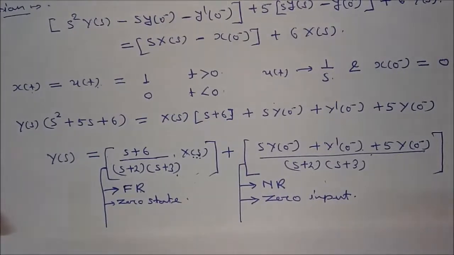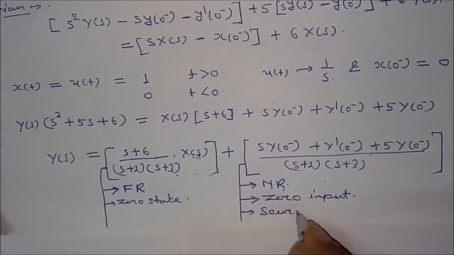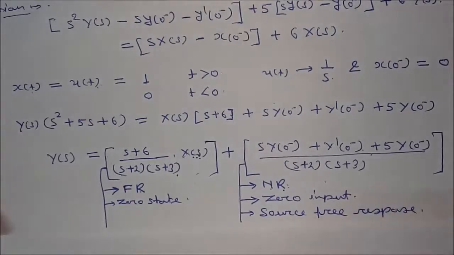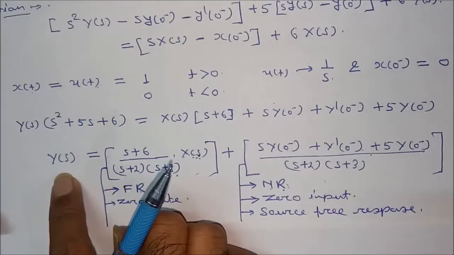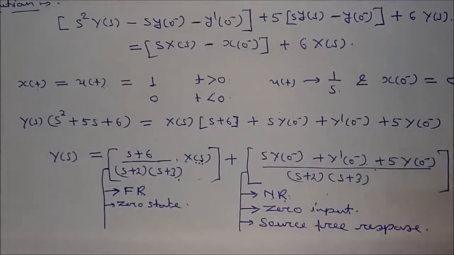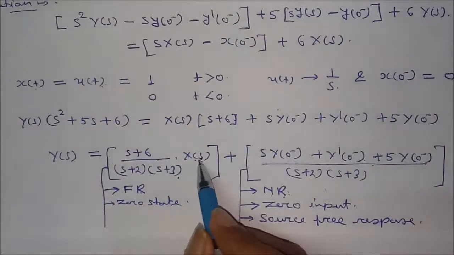Similarly, if the response is only due to the initial conditions, this is known as natural response or zero input response, and somewhere it is also known as source free response. So we can say that whatever response we get, y(t), will be the summation of natural response and forced response.